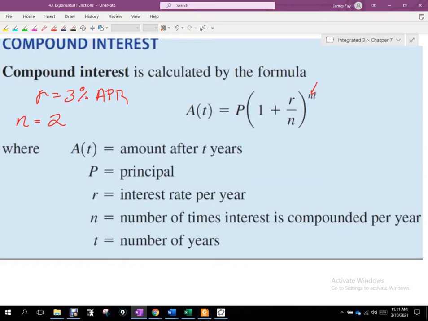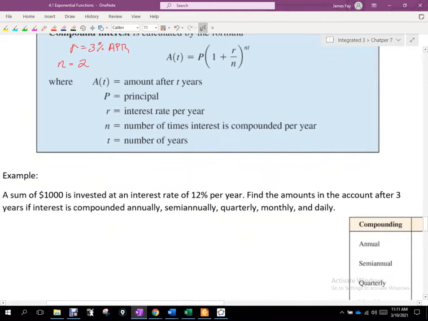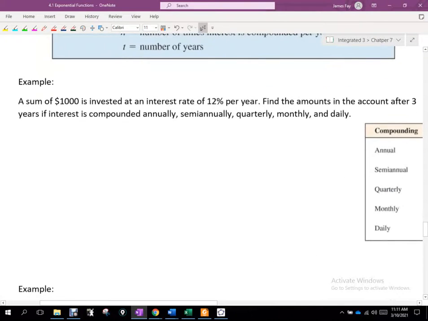All right. Now, what I want to demonstrate with you guys, a lot of these questions are going to be, here is a principal, here's an interest rate, here's a number of compounds, and we're going to keep it in there for 5 years, okay? So they're going to give you all these values, all right? And again, hopefully I've demonstrated with you guys the benefit of Desmos, okay?